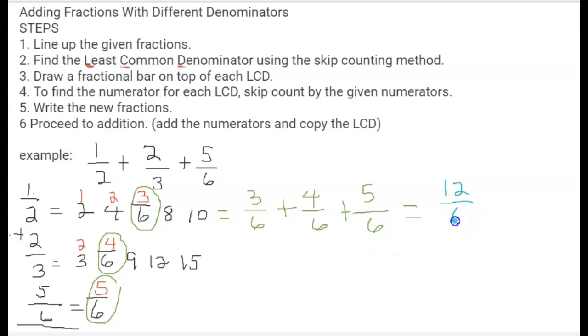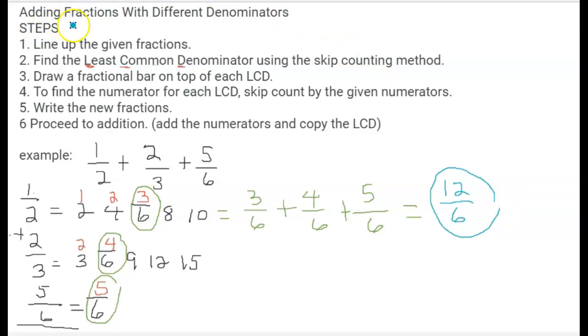So I'm going to write my 6 here. So adding 1/2 plus 2/3 plus 5/6, my answer is 12/6. Okay? Now, I can simplify this, but I am not going to simplify it yet because I have not discussed with you how to simplify fractions.